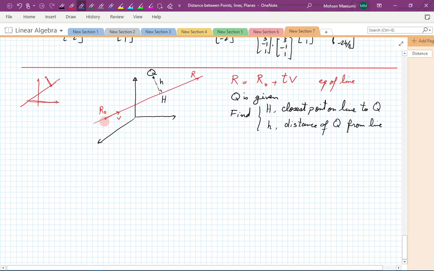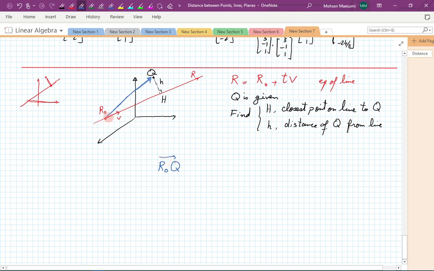From the equation of a line, you have some point on the line. This one is just r0 itself. Take this r0 and connect it to the point Q. Okay, so we have the vector r0Q.